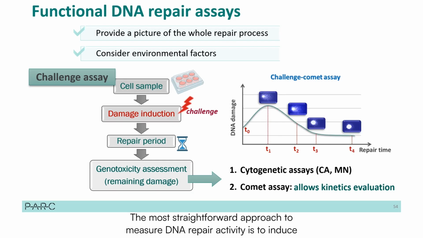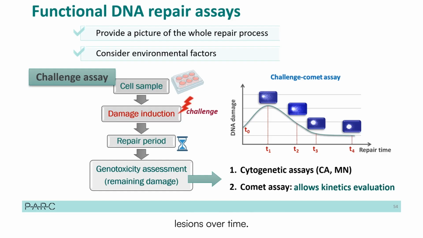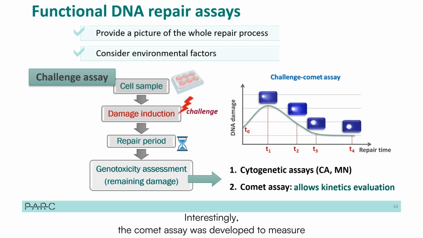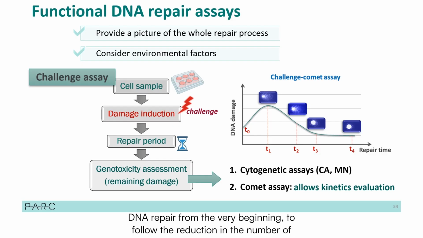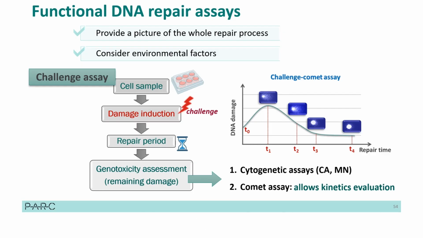The most straightforward approach to measure DNA repair activity is to induce DNA damage in cells and subsequently monitor the rate of removal of these lesions over time. Interestingly, the comet assay was developed to measure DNA repair from the very beginning, to follow the reduction in the number of radiation-induced DNA breaks with time, which represents the repair of those lesions.